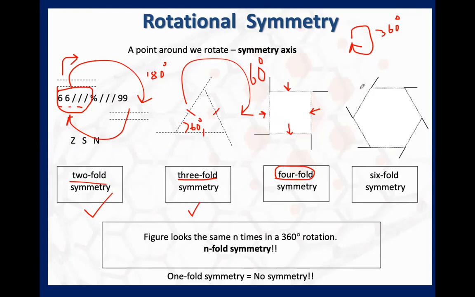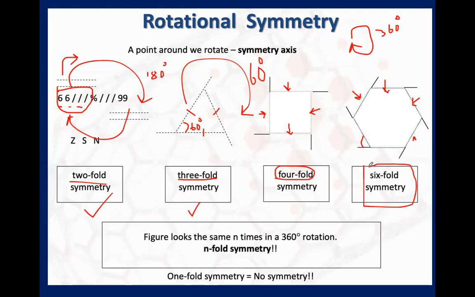If you take a hexagon, you have six similar faces. If you rotate this, what will happen? Every 60 degrees of rotation, you will see the same shape, six times. So it's called six-fold symmetry.